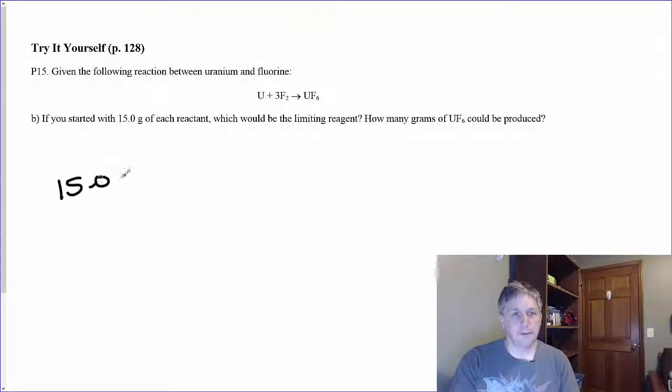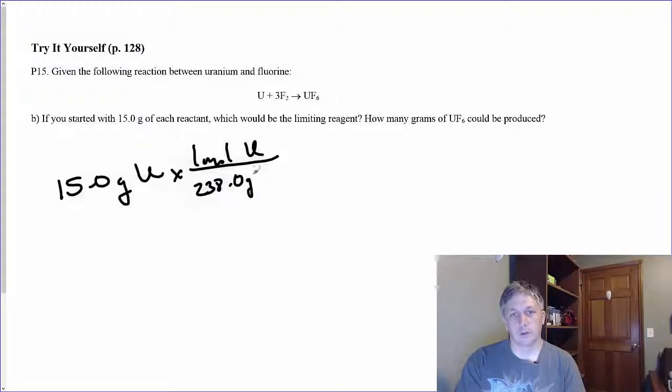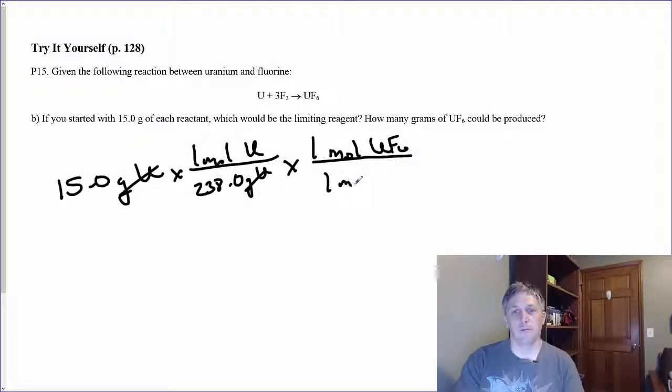So we start with that 15 grams of uranium. Convert grams to moles. And again, we look at our chemical equation and see that we're going to get 1 mole of product for every 1 mole of uranium.